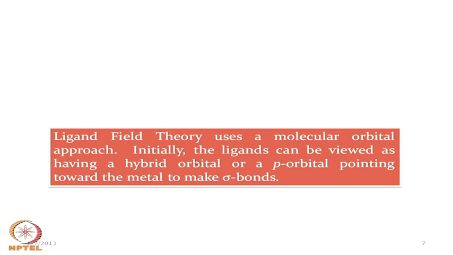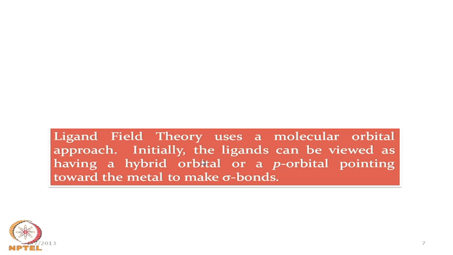If our ligand is carbon monoxide, formed from carbon and oxygen, then instead of considering it as a point charge or dipole, we consider its molecular orbitals. These carbon monoxide ligands can use their hybrid orbitals or pure s orbital, pointing towards the metal, to form the corresponding sigma bonds to the metal.